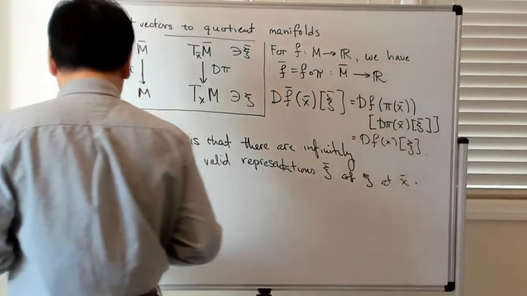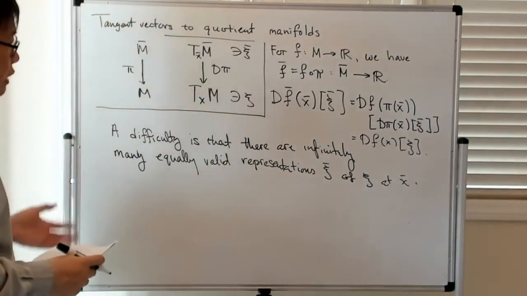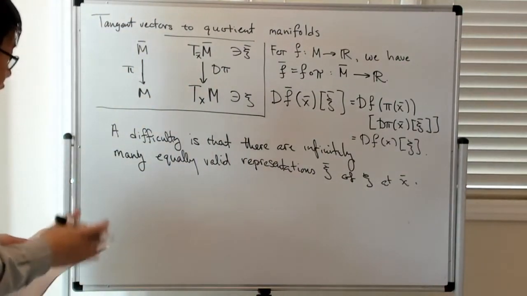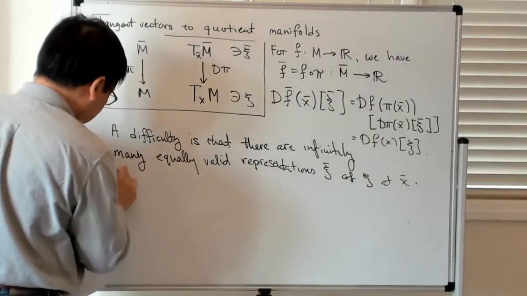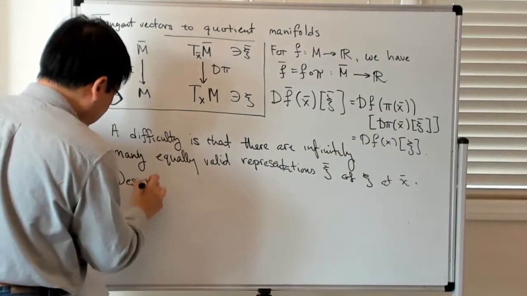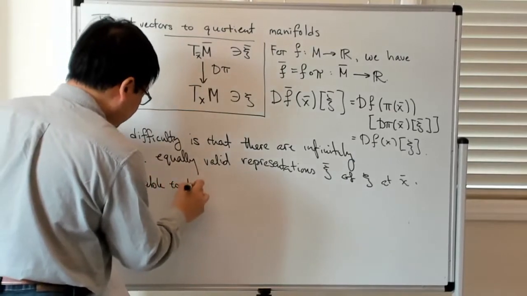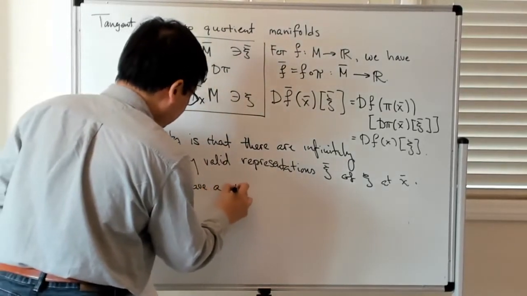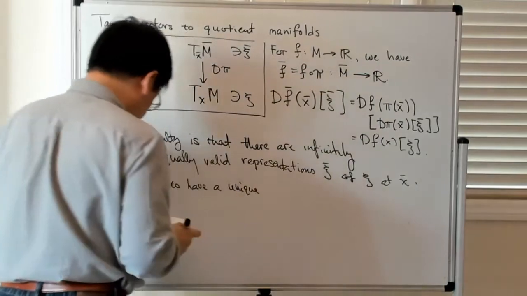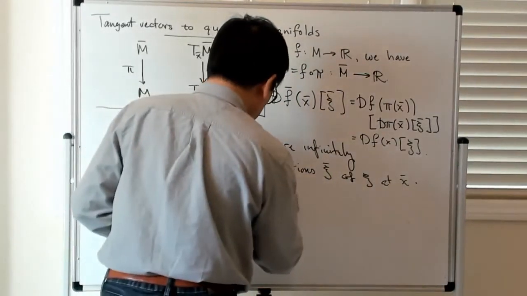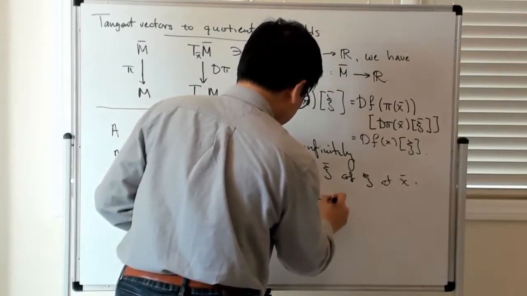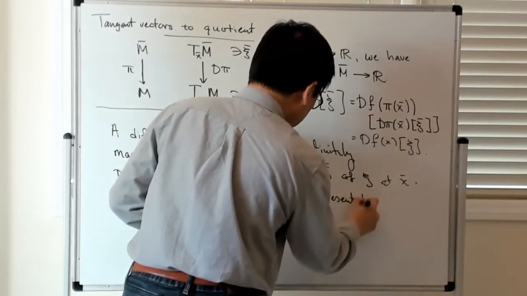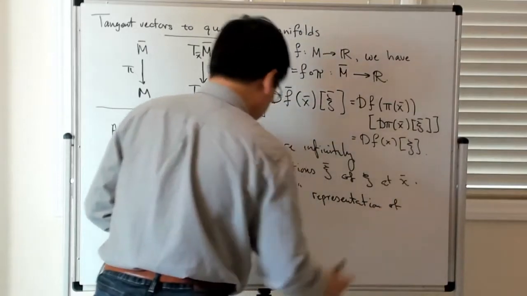Okay. So ideally you want to define some sort of unique notion. So it's desirable to have a unique lifted representation of tangent vectors.